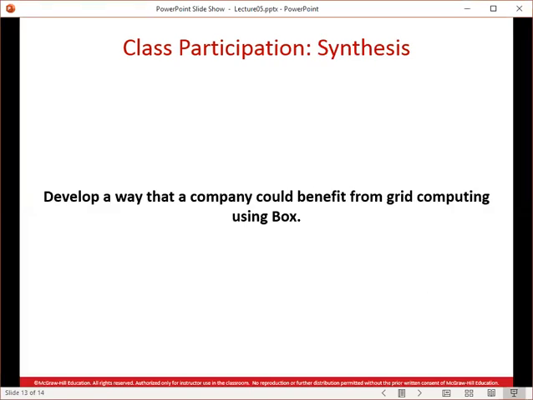So next, develop a way that a company could benefit from using grid computing. Well, first they could combat e-waste, energy consumption, and carbon emissions. And if you're going to do that, you have to focus on creating a sustainable MIS infrastructure. A sustainable MIS infrastructure is the way a company can grow while simultaneously becoming less dependent on hardware and energy consumption.